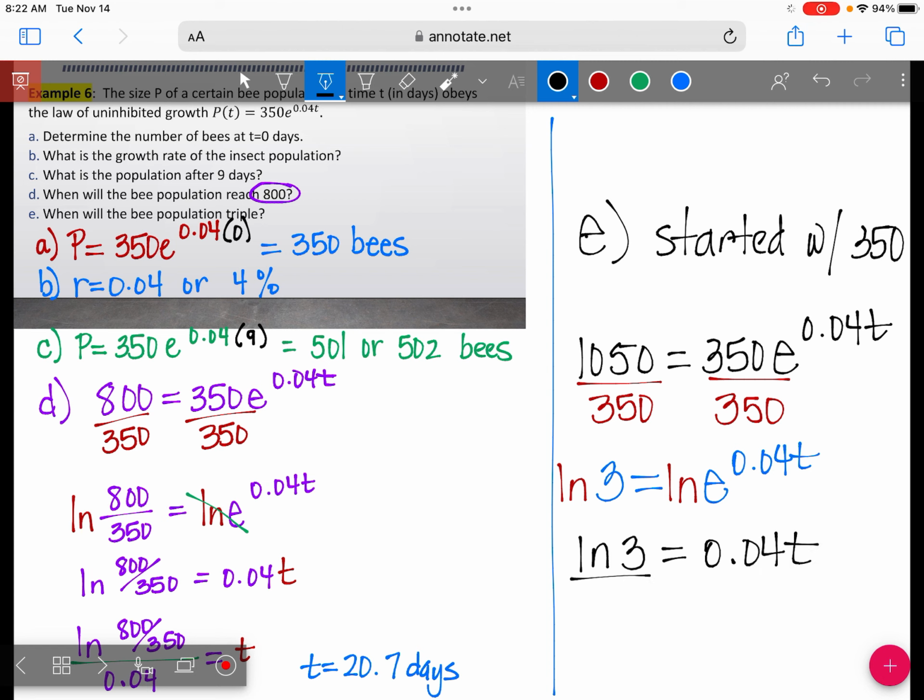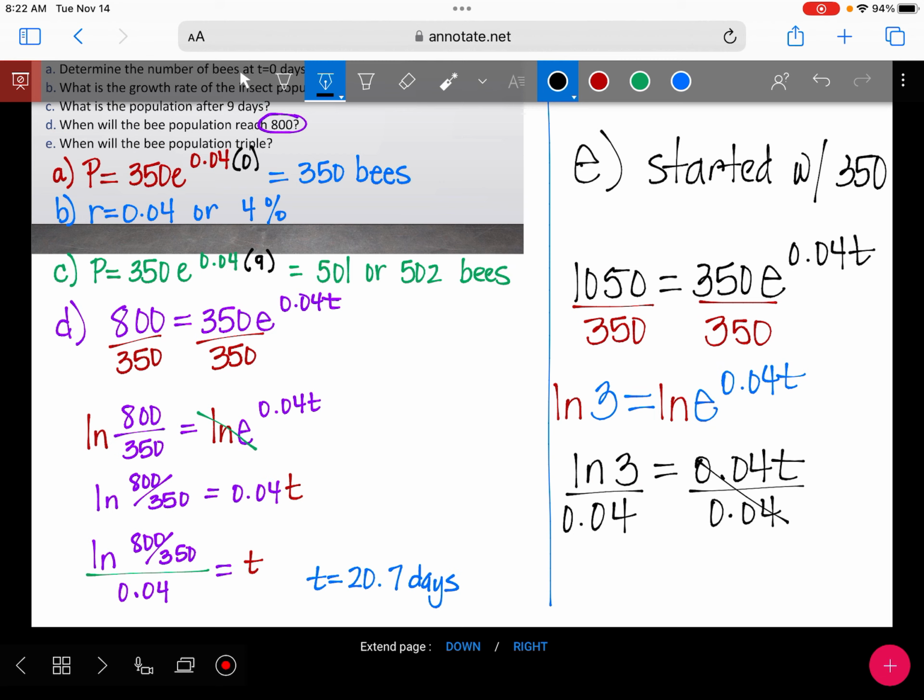And then we divide by 0.04. All right, go ahead, type that in your calculator. And you should get that in 27.5 days it's going to triple. So again, I took that question just from your homework. I just changed the numbers a little bit.